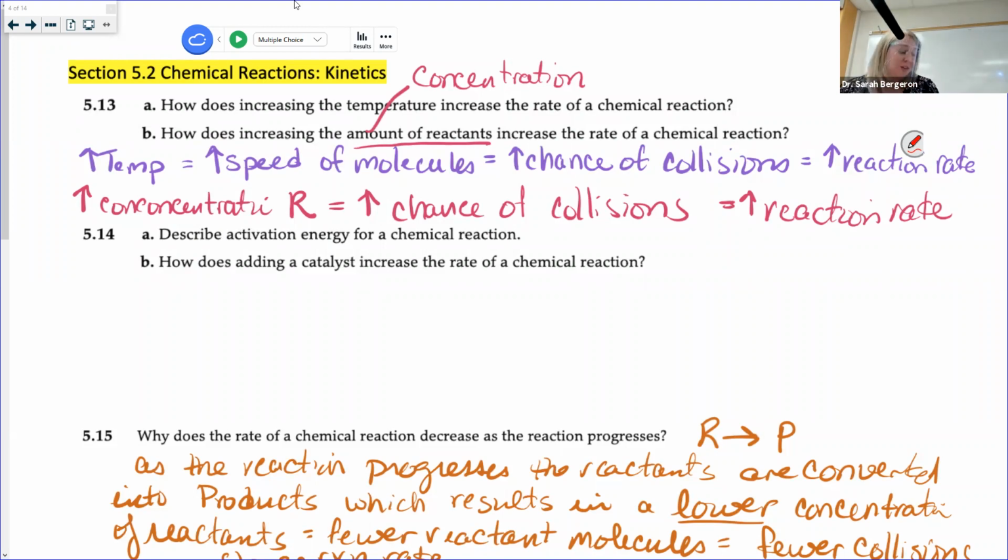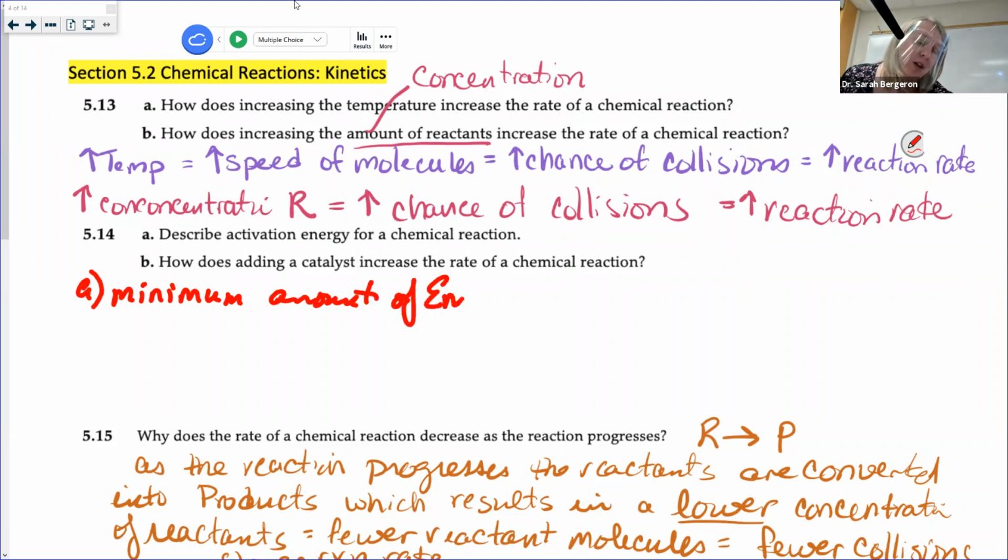So our activation energy is the minimum amount of energy required to go, but that's a terrible way to say it, right? You understand what I'm saying when I say that, but we have to change our vocabulary a little bit.